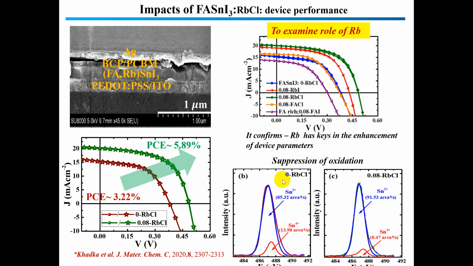It also has a beneficial aspect for the suppression of oxidation. We can see here for the pristine one, the Sn4+ content has been reduced to close to 8% with the rubidium additive film.